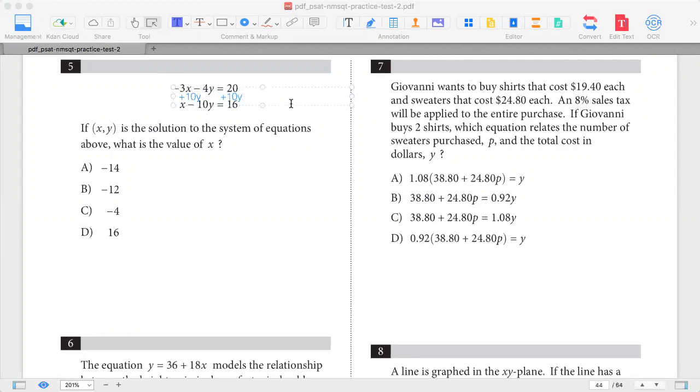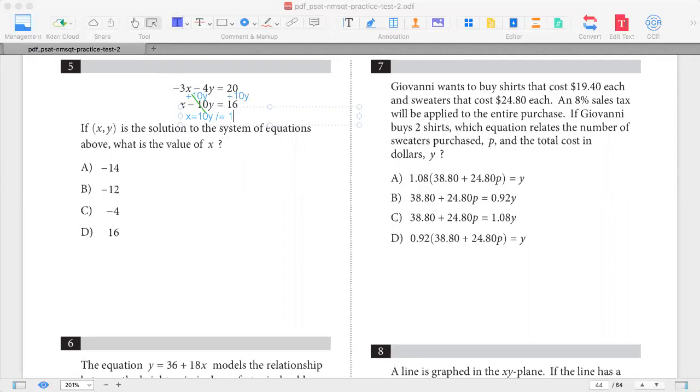I will add 10y here, and I will add 10y here. So 10y and 10y will cancel each other. So x will be isolated alone. It will be kept alone in one side. So what will be the value of x? X is equal to 10y plus 16.